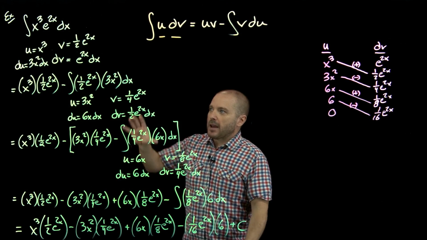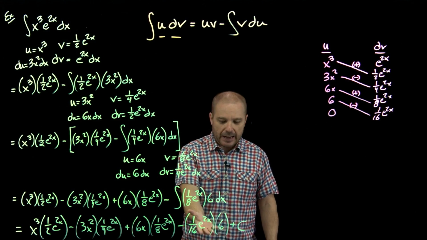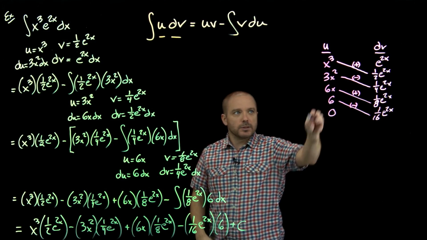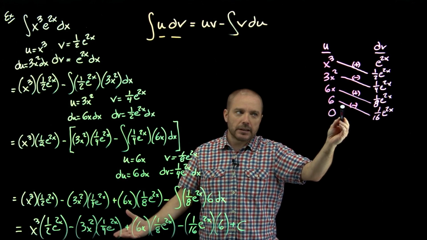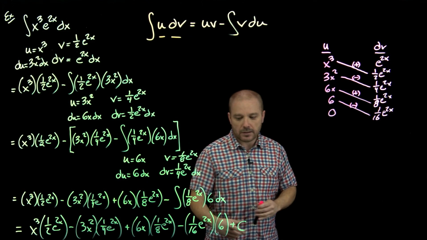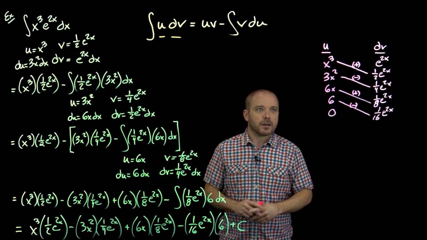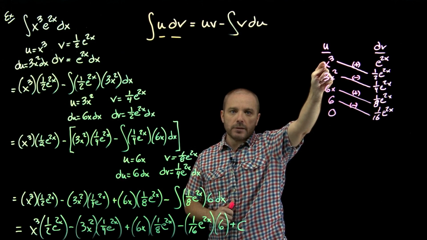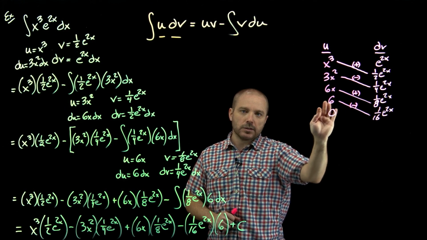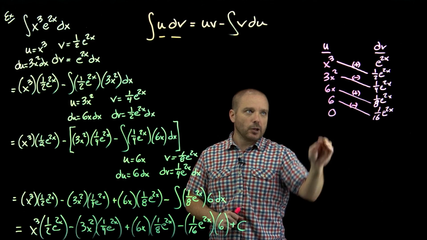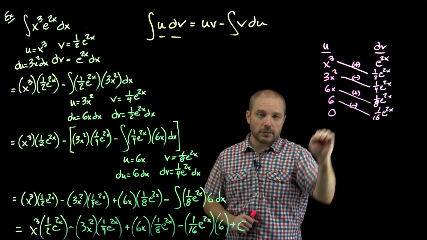Well, let's think about this. What makes this process work? What is it about this that makes it have an ending? And it's really this. It's the fact that if you differentiate enough, you eventually get down to that constant 6, right? Because that allowed us to integrate the exponential. So this is going to work if your u is a polynomial. Because anytime your u is a polynomial, the integration by parts is just lowering the degree. And polynomials, if you differentiate them enough times, will eventually get down to a constant.